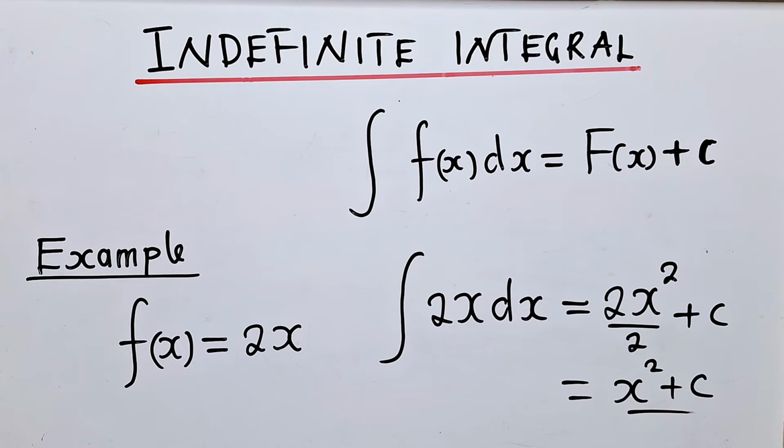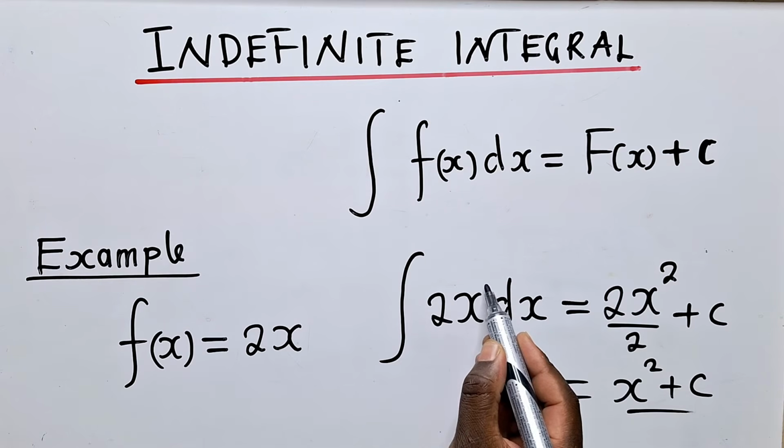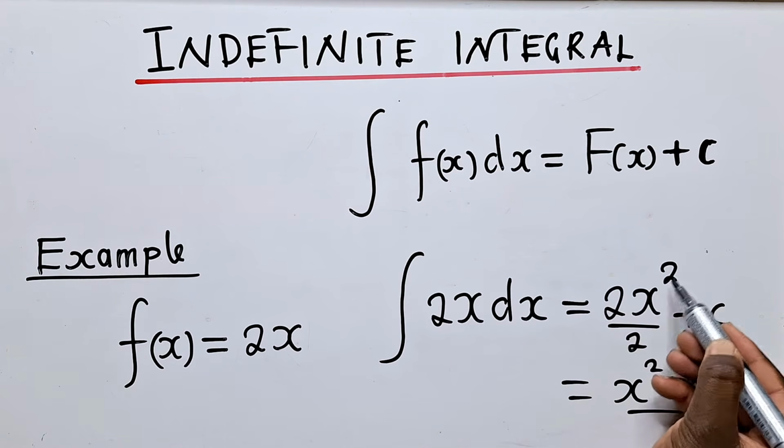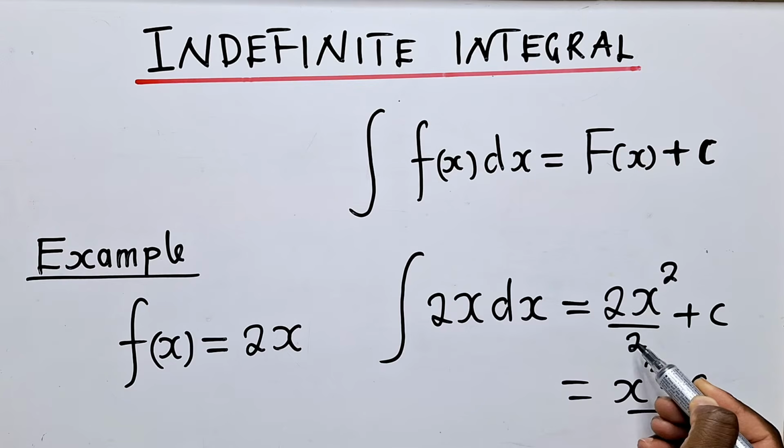What have I just done here? I've just added a 1. There's a power 1 here, so 1 plus 1 gives you a 2. You write it down here and divide, this 2 cancels out, and you remain with x power 2. Always, when dealing with indefinite integrals, remember to put a plus c at the end.